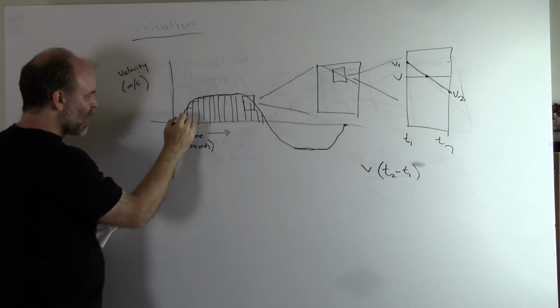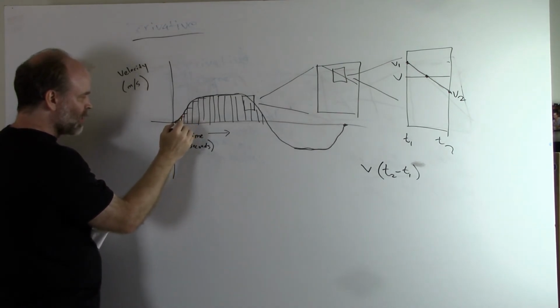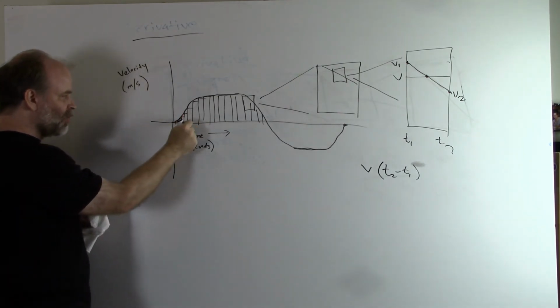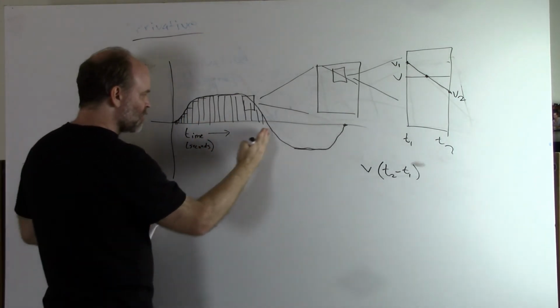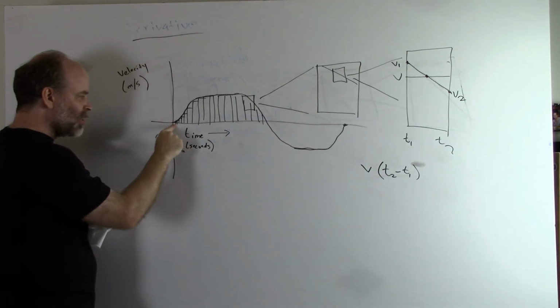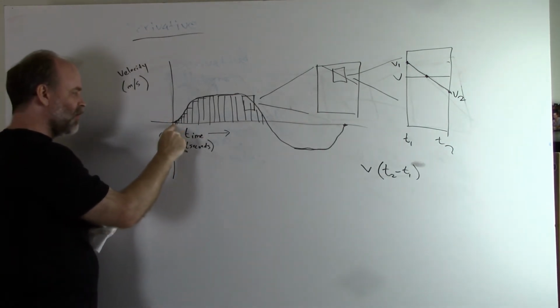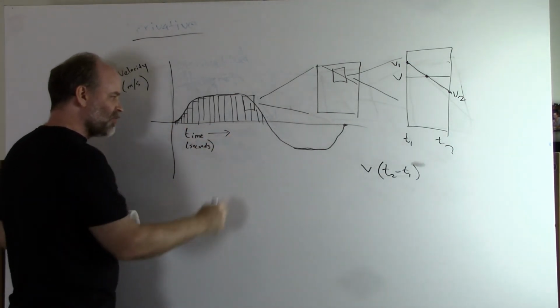So each one of these rectangles represents the distance traveled over that little short period of time. And then to get the total distance traveled, we just add up the distance traveled along each of the tiny little increments of time.